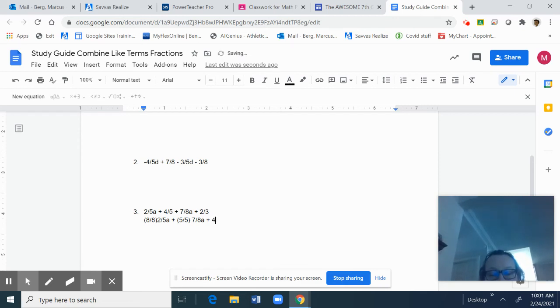For this one, I want to take the 4/5, and then I want to use the other number. I can't use any of the a's, so that's 2/3. So I'm going to multiply this by the denominator of 2/3. Both the numerator and the denominator are going to be multiplied by 3. And then for the 2/3, I'm going to multiply this by the denominator of this fraction, both the numerator and the denominator by 5.